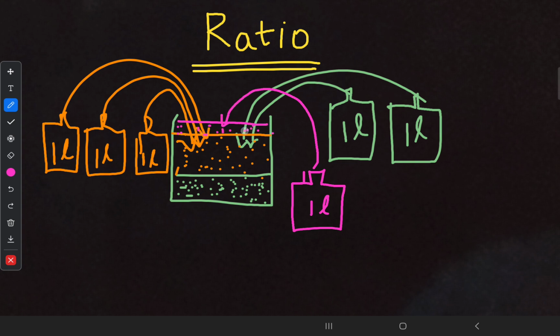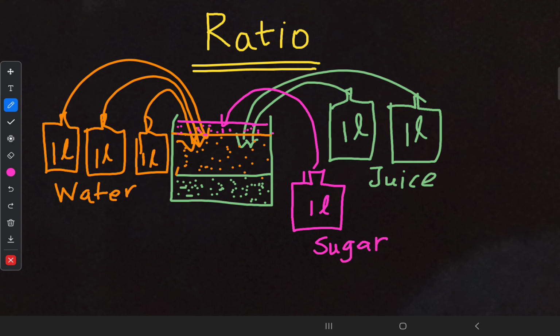Now in the total drum, this is our juice can. In the drum we have 3 quantities. 2 liters of juice cordial, we write the names. This is our juice cordial, and the orange color one represents water. And finally, 1 liter, the pink color one, is our sugar.